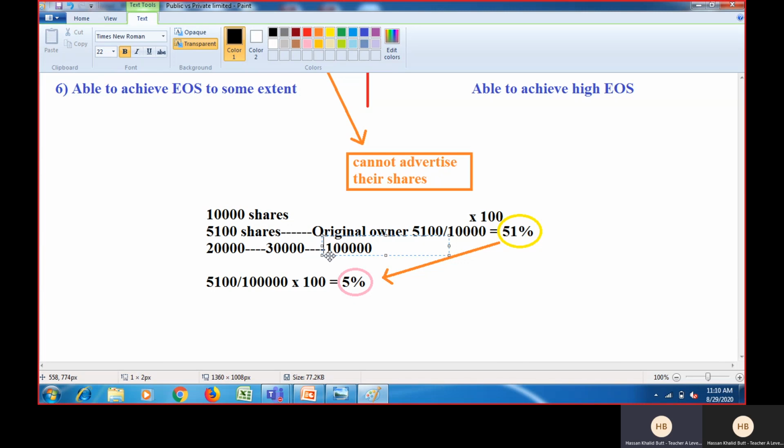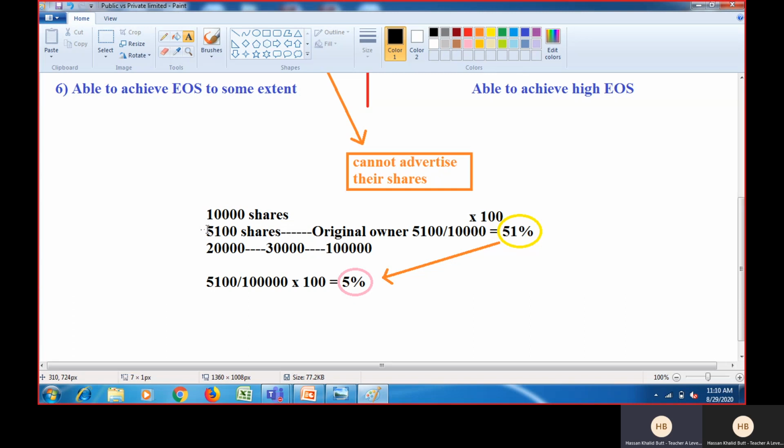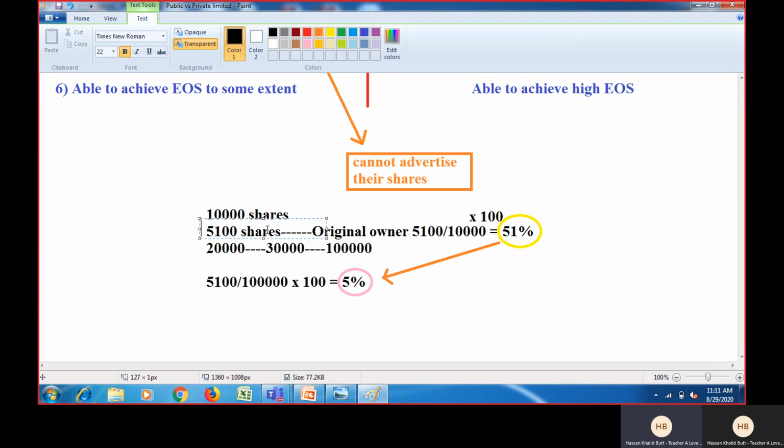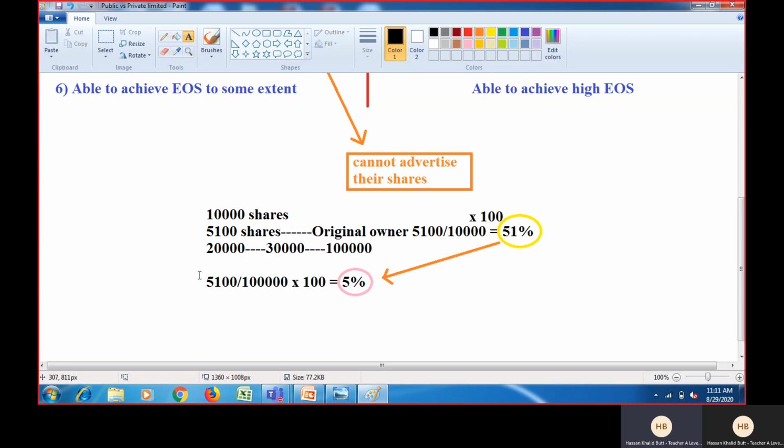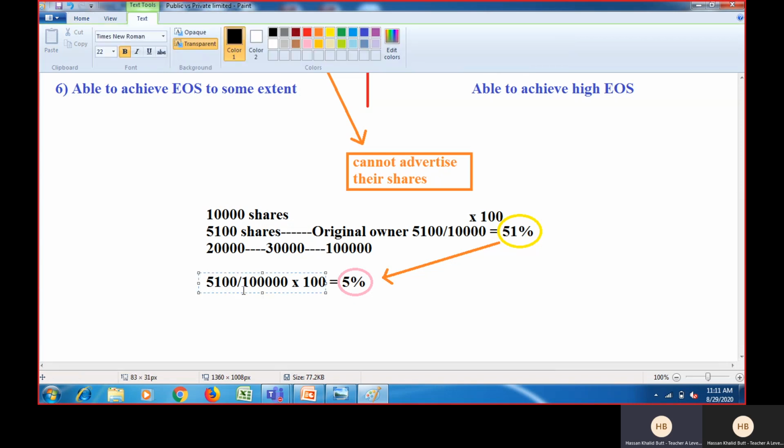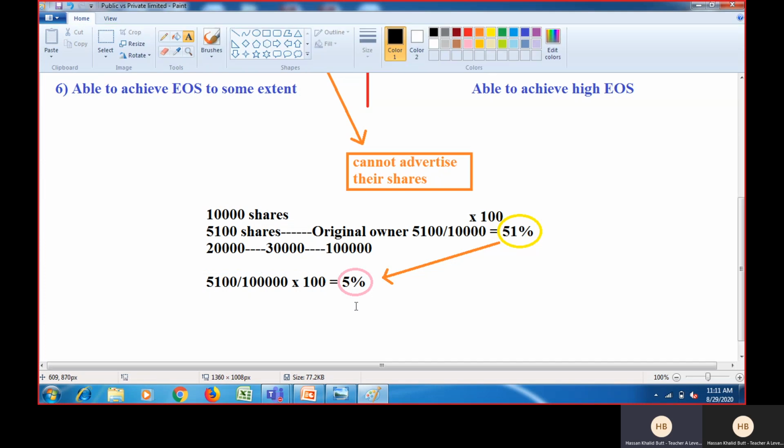So when the company reaches 100,000 shares, imagine how many shares the original owner has. 5,100 shares only, right? So although the person has the same number of shares, 5,100, the shareholding power has gone down from 51% to 5%, because this is 5,100 over 100,000 into 100.